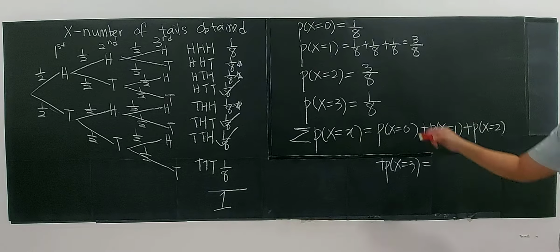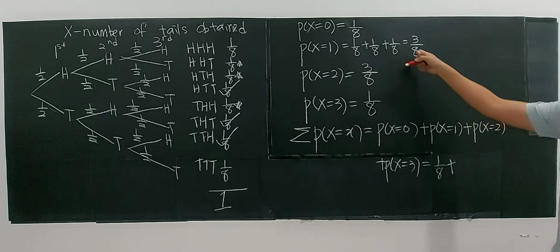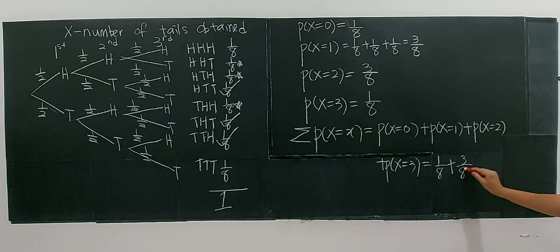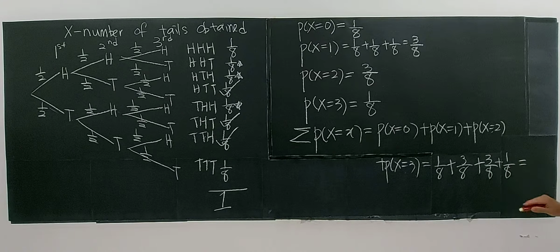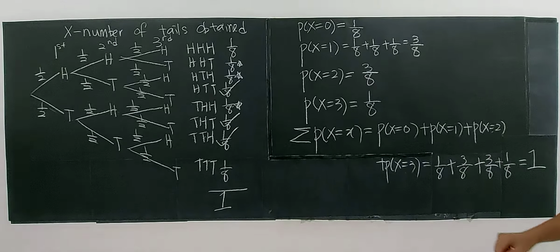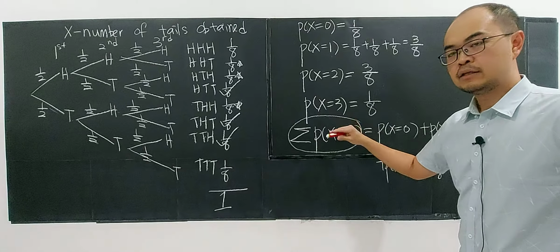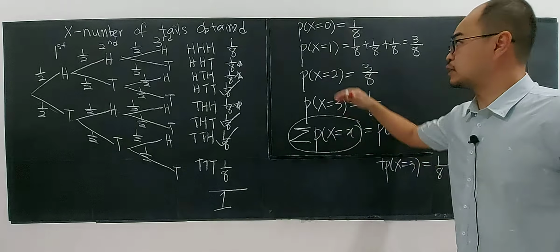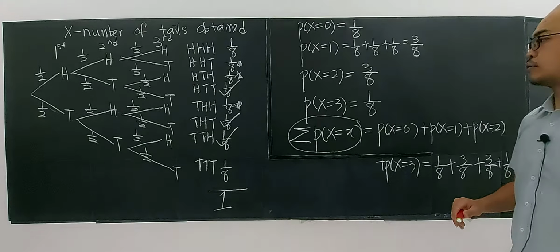If you sum up everything here, 1 over 8, plus P(X=1), 3 over 8, plus 3 over 8 for P(X=2), plus P(X=3), 1 over 8. If you sum up everything here, you get 3, 6, 8 over 8, so you're getting 1, right? If you can show that the summation of all the probabilities of the random variable is 1, you already show that it is a discrete random variable.